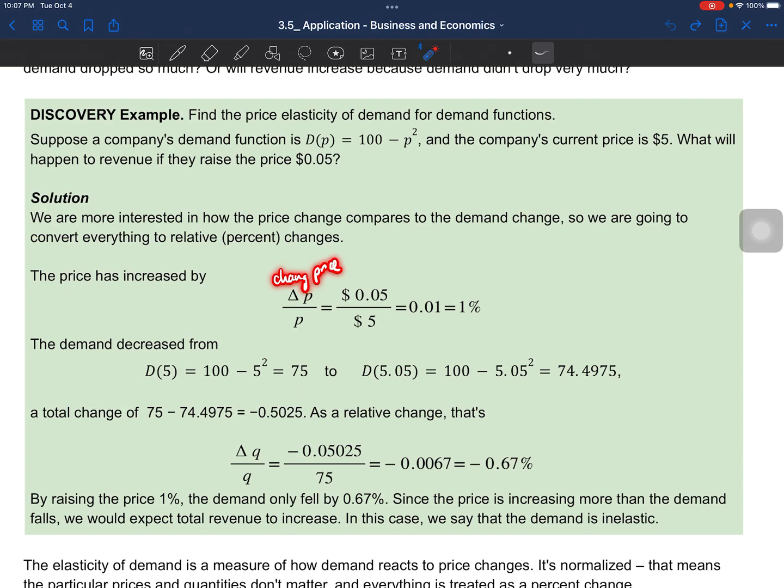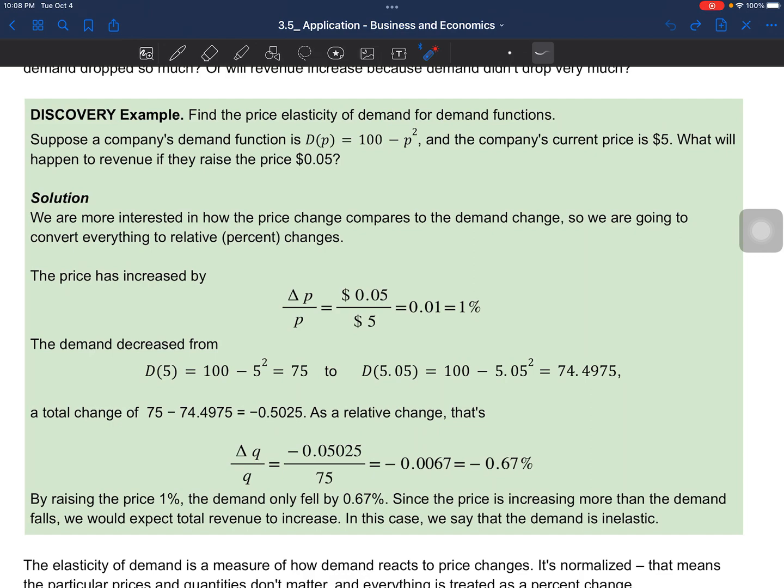Remember that this triangle represents change in price. In this case, the change is this much relative to the $5. The change over the original price, how much is that going to be? It looks like it's just 1%. The change of price over the original price is just 1%.